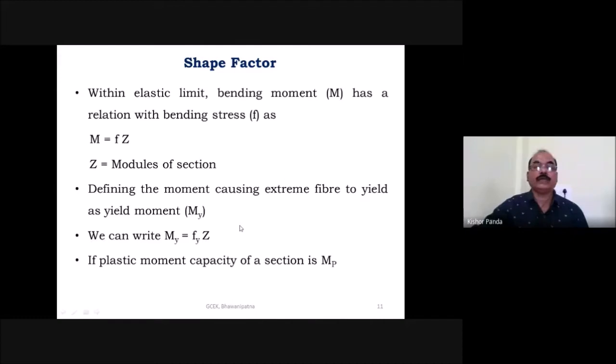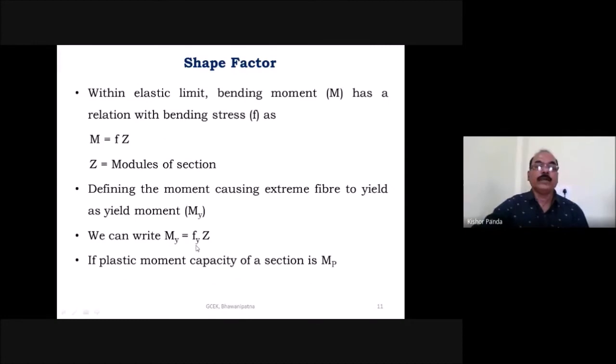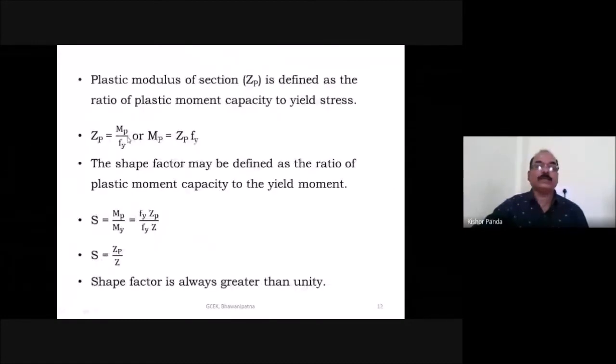But in the case of plastic theory, the section modulus is the plastic section modulus, or plastic modulus of section, defined as the plastic moment capacity to yield stress, MP by Fy. So in this case, the plastic section modulus is equal to the plastic moment by the yield stress, MP by Fy. So MP is equal to Zp into Fy.